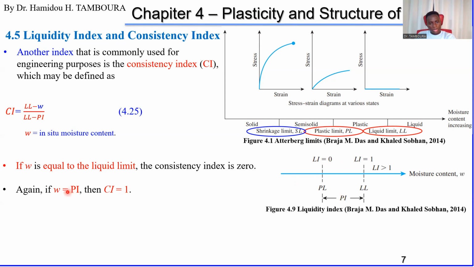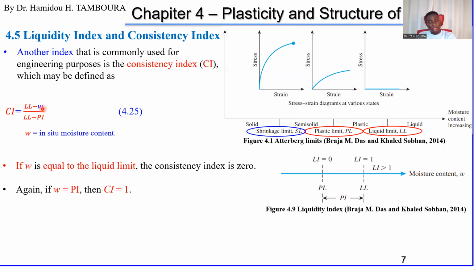Sorry, so the denominator is not the plasticity index, but if the water content is equal to the plastic limit, then the numerator will be the same as the denominator of this fraction.